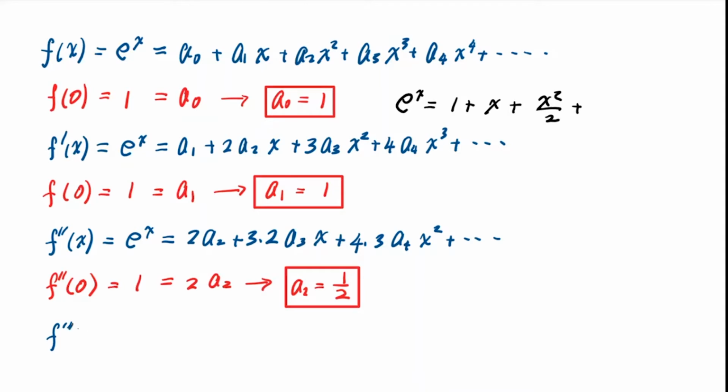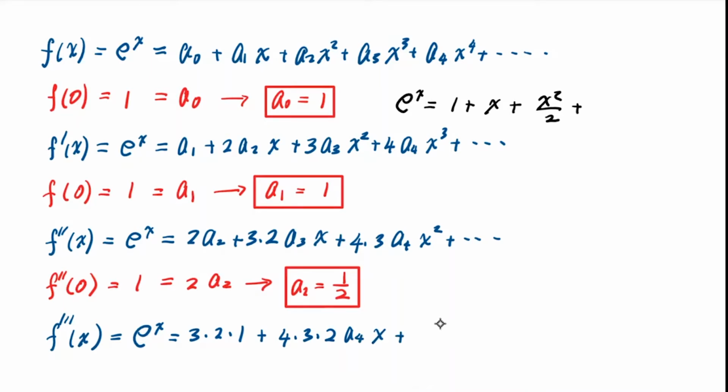F triple prime of x. So there are 3. E to the x is our favorite function for this kind of reason. On the right hand side, this thing dies now. So I have 3 times 2 times 1. Are we seeing a pattern developing? 4 times 3 times 2, a4x.